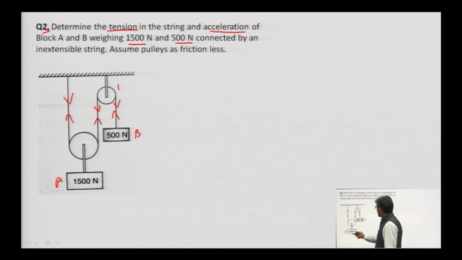Since 150 Newton is hanging in the string, the motion will be in this direction. It is going down, and the other will go in the upward direction. So, this will be the direction of the motion.